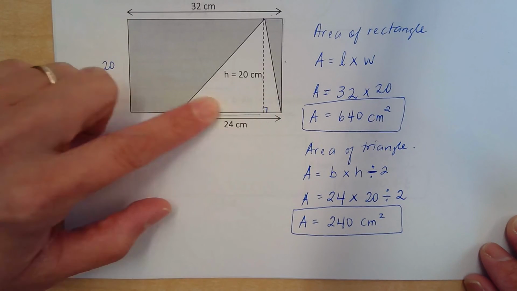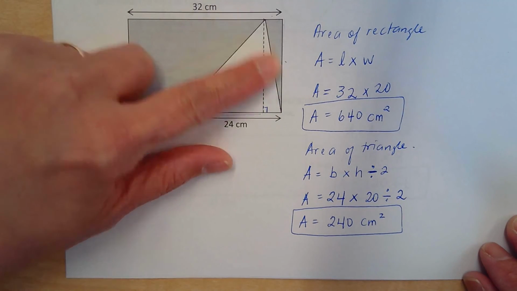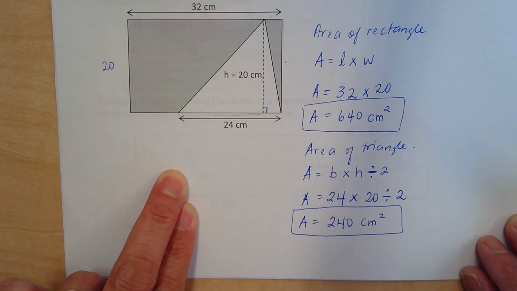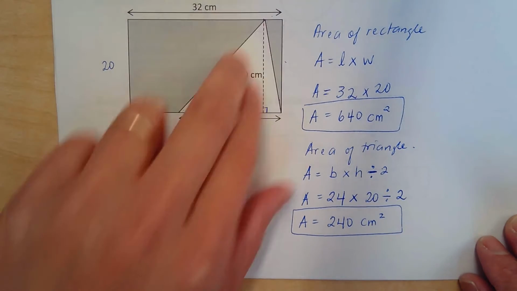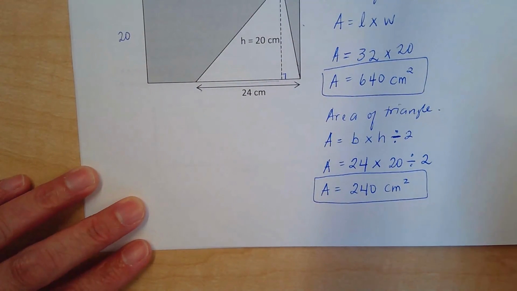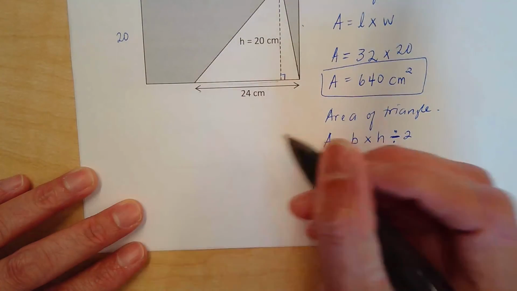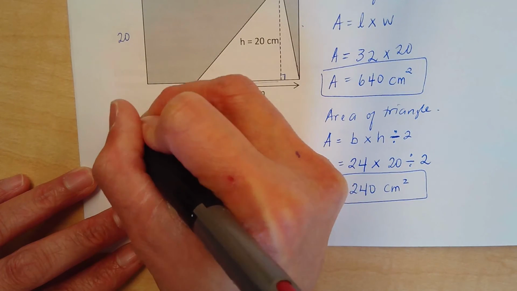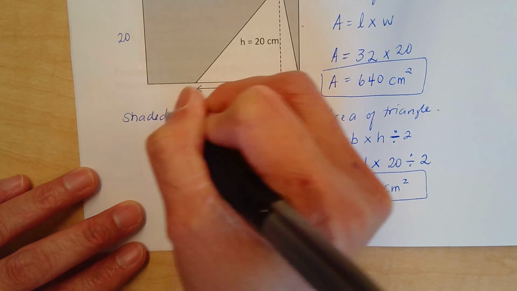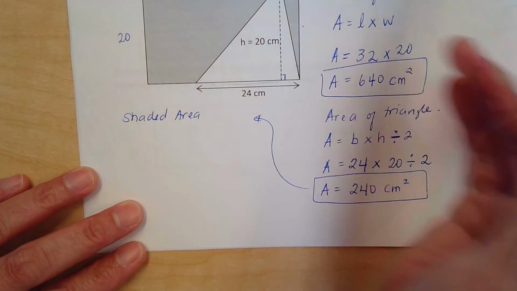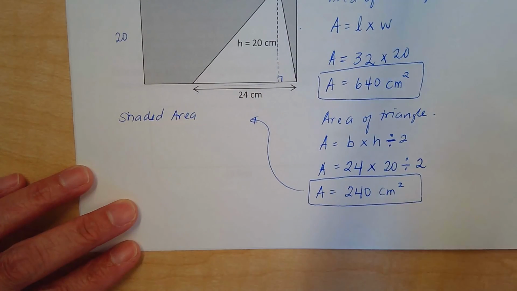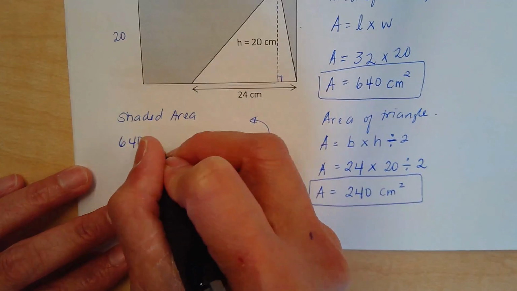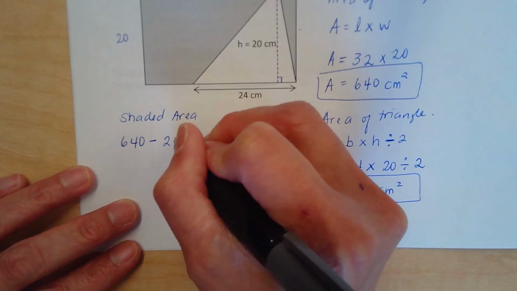Okay, so we envisioned a rectangle here, and then we removed the area of a triangle. When we removed it, we take it away. So now, what's the total shaded area? Shaded area would be 640 take away 240.